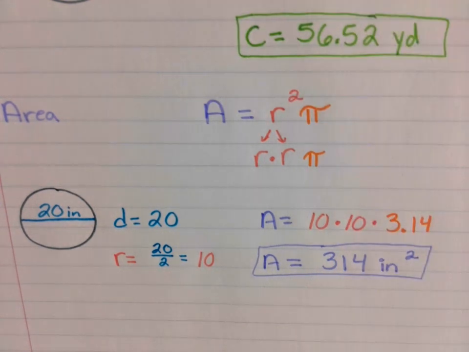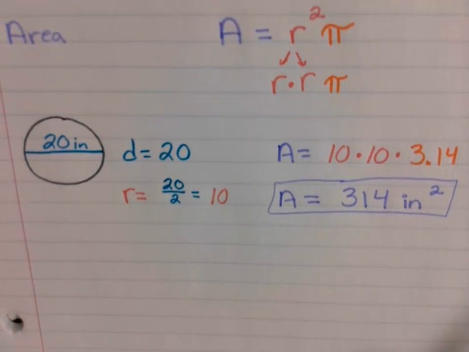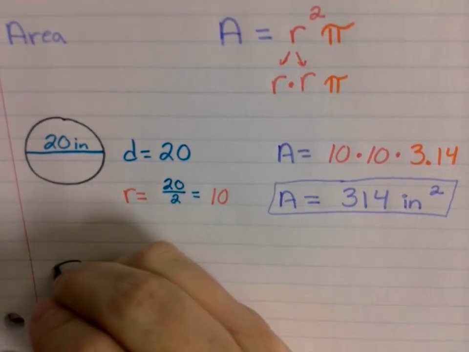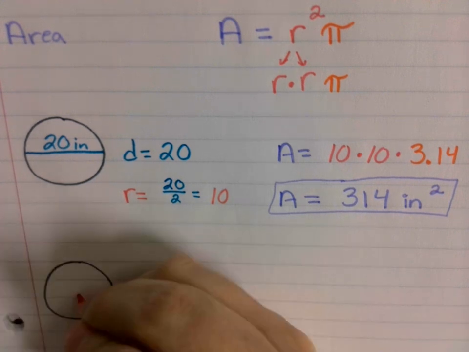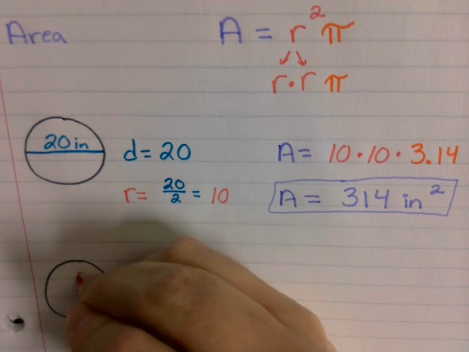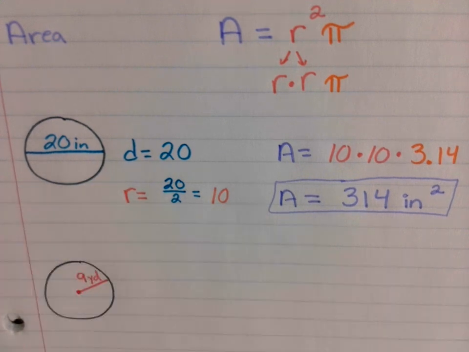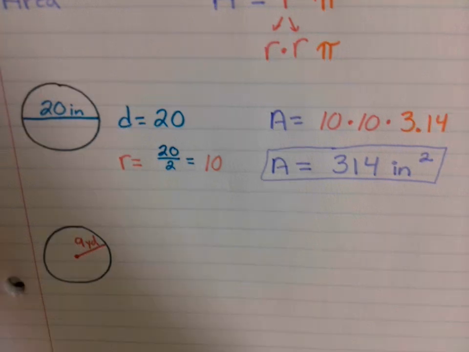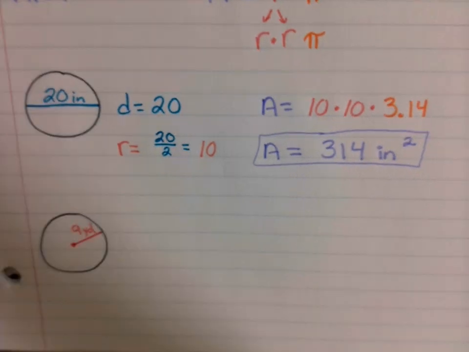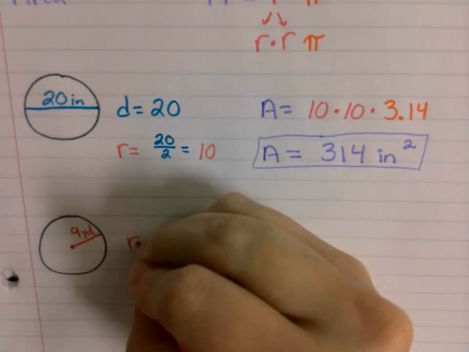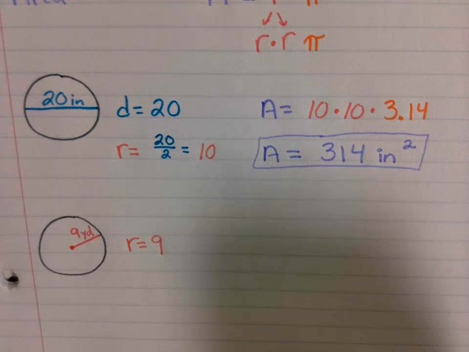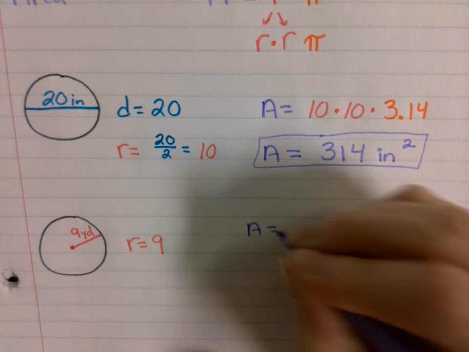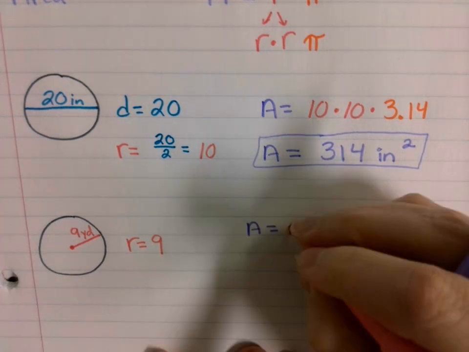Okay, let's do the other example that we had. The other example said that we had a radius of 9 yards. So r is equal to 9, and that's what we need. In order to find area, we need to know the radius. We need to be able to do radius times radius times pi.